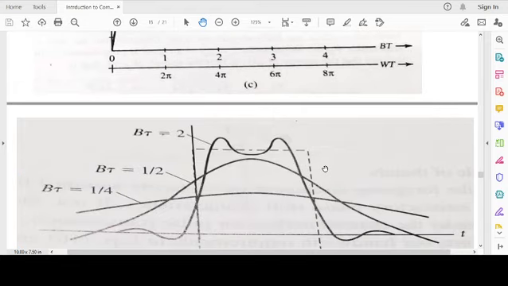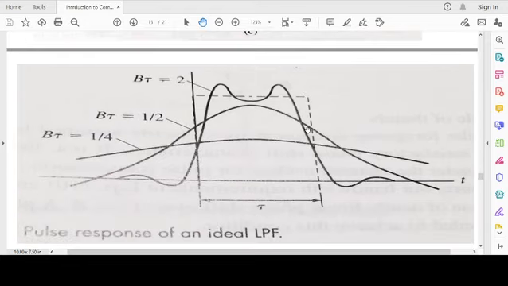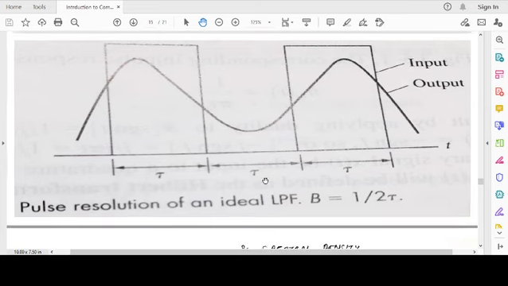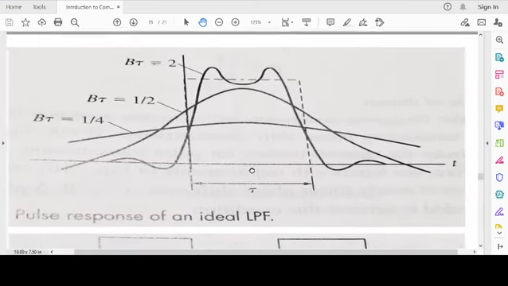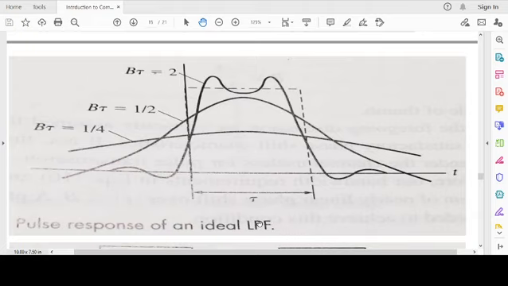Okay. You see, in the next figure we have two very important things. One is the pulse response of an ideal low pass filter, and the other is the pulse resolution of an ideal low pass filter. So again, that ideal pulse u(t − τ) is passed through an ideal low pass filter, a brick wall response. You see how the pulse looks.